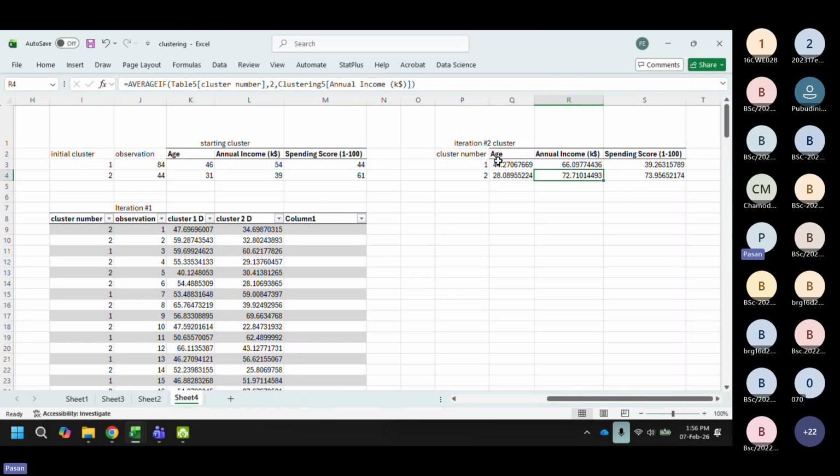With these new centers, again, I have to perform the same thing here. I can perform the same calculation that I have here.